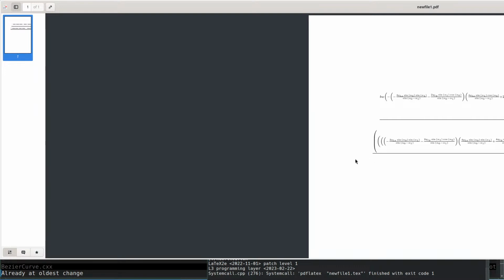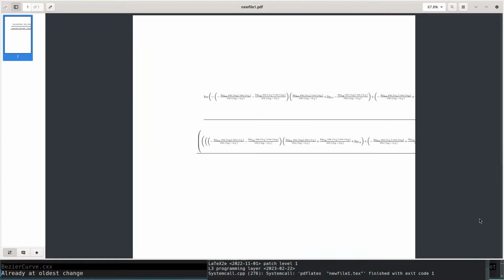The paper is not wide enough. What the fuck? Paper. Who is assuming that I'm going to print this? This one is on my screen.